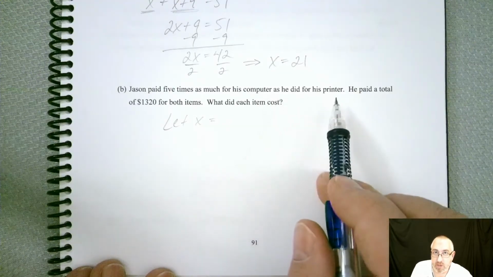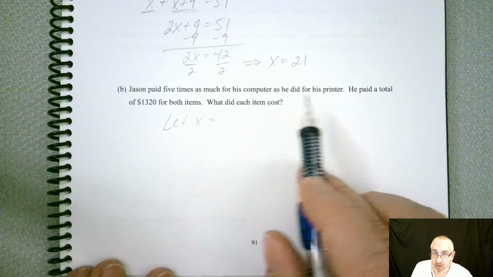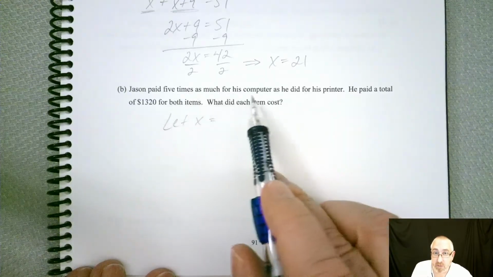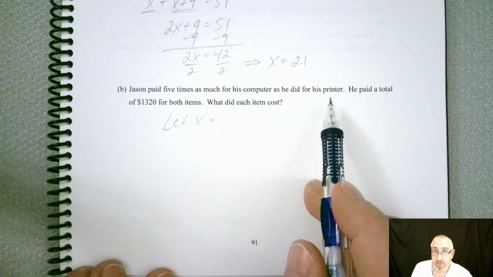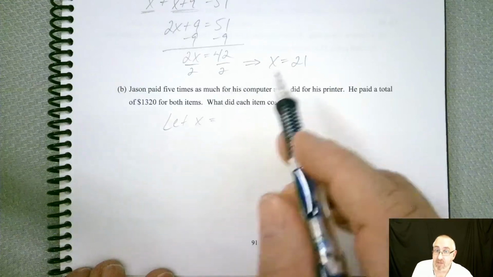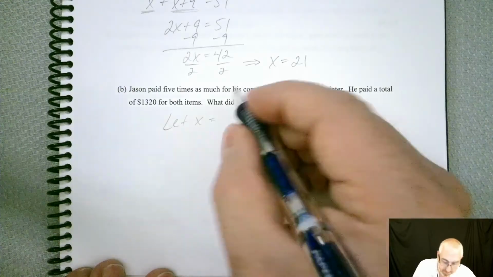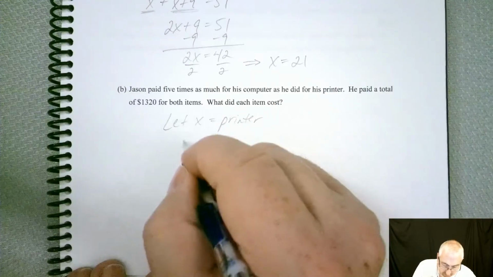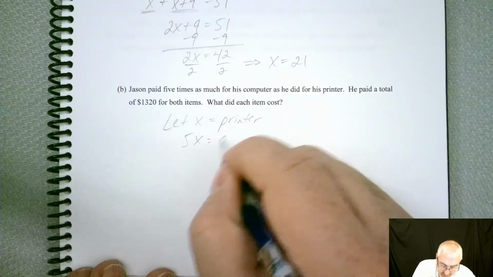So which of those do you need to know first in order to figure out the other one? He paid 5 times as much for his computer as he did for his printer. So you really need to know what the printer was first because it's 5 times as much for the computer. And so 5 times as much should be 5x.